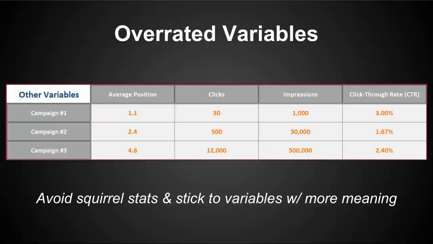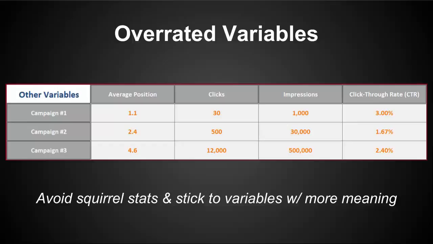The second example here of overrated variables would be clicks. We already talked about that a little bit, how just looking at the number of clicks doesn't tell you whether it's good or bad. The one thing I do like about clicks is it tells you how significant the other variables of data that you're looking at are.